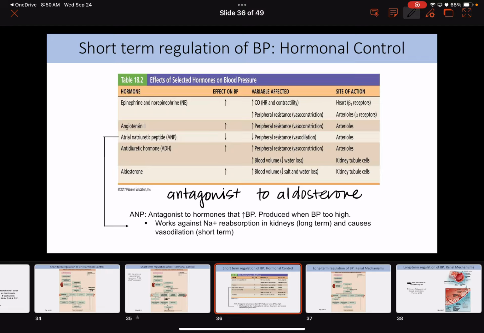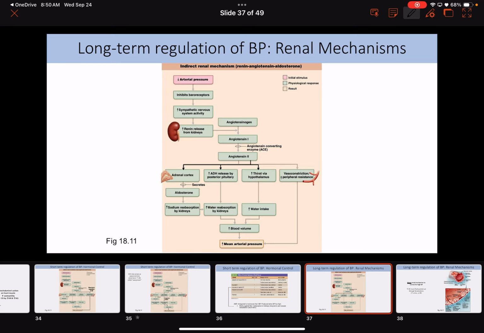So this is going to happen when our blood pressure is too high, and it's going to work against this whole system that we're talking about. It does the opposite. So the ANP will decrease blood pressure, while this renin, angiotensin, aldosterone pathway we talk about is how we increase blood pressure. And you're free to call this pathway the RAA pathway, renin, angiotensin, aldosterone pathway.